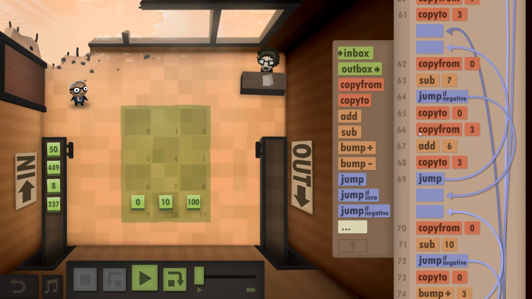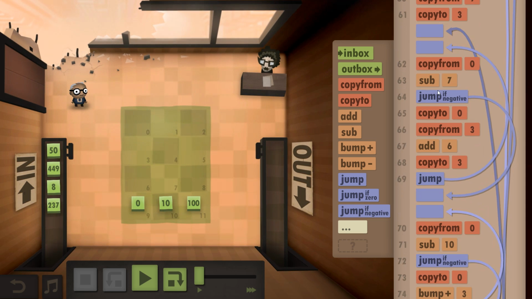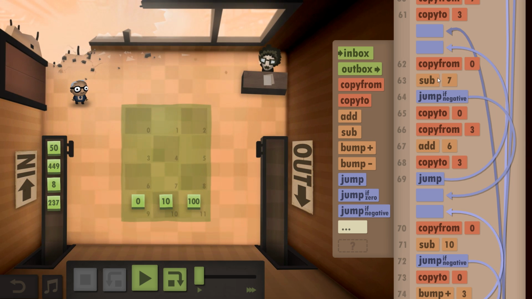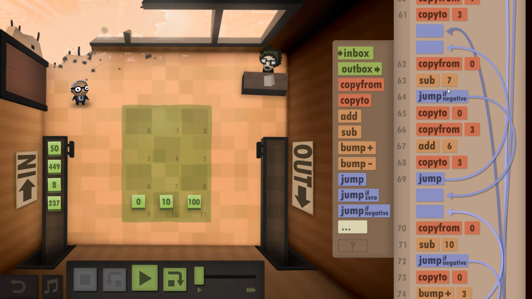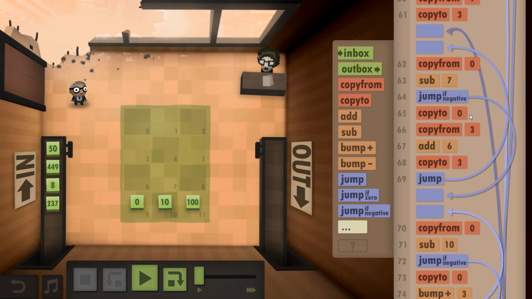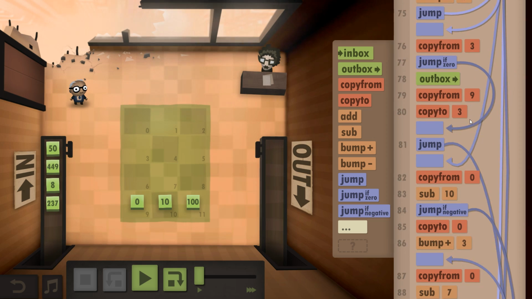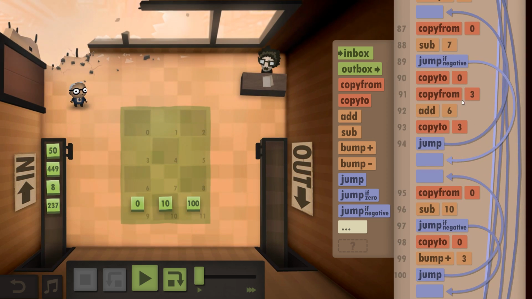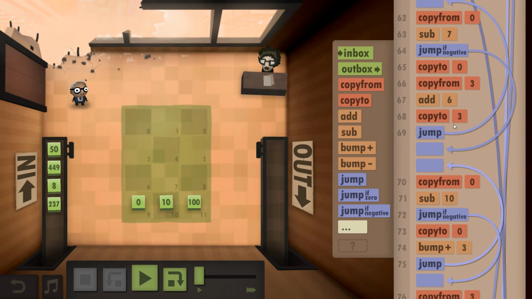Copy from sub 0, if negative, sub 0, copy from, sub 7, sub 10, now sub 30. If it's negative, jump out, otherwise 0363? Is that what I'm doing here? 0363? How does it result in more steps?